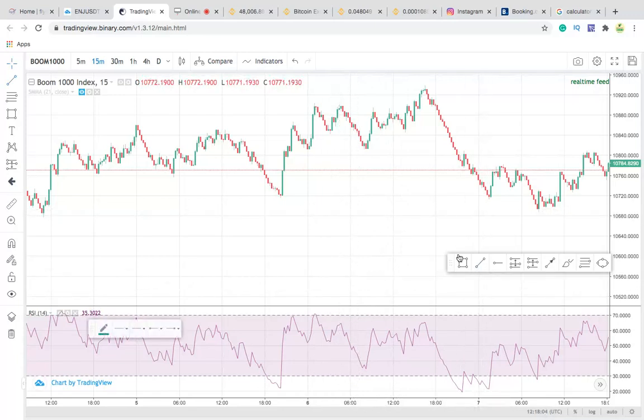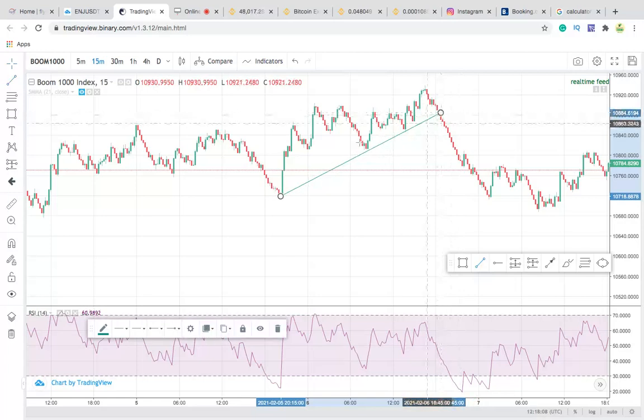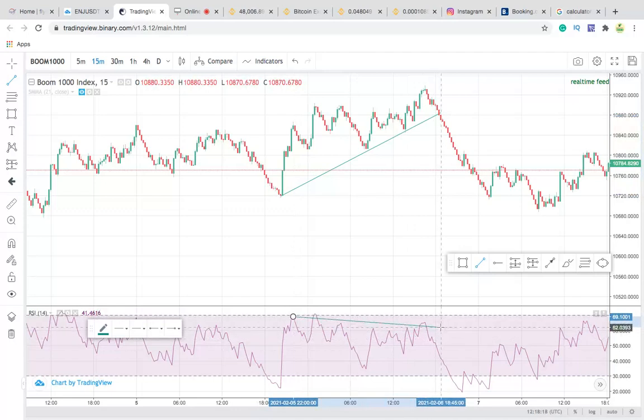All right. Here is an example. The market has been making higher highs and higher highs in a bullish run. And then here, at this point, we started spotting lower highs and lower highs. As you can see, this is an example of divergence.